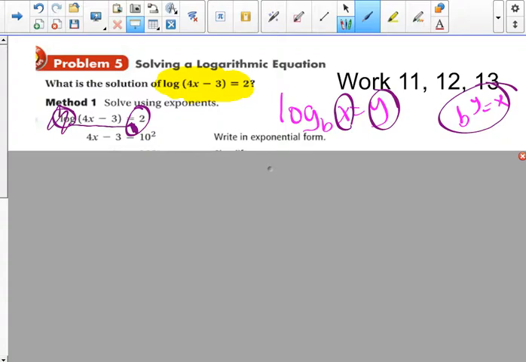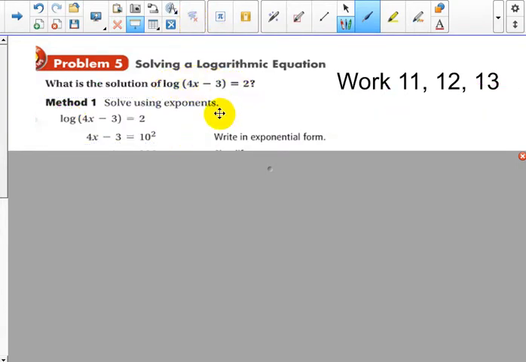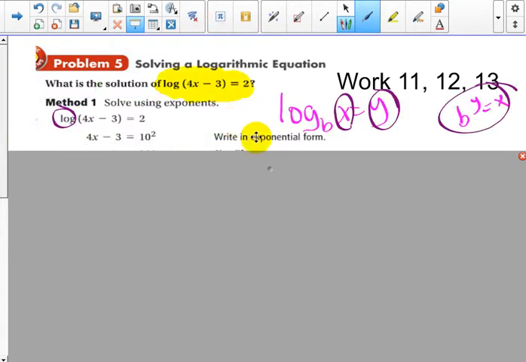See that? So it becomes 10 squared. That's the way that I see it. So the log, as it comes over, switches to a 10 and scoots that 2 up to a power. So it becomes 4x minus 3 equals 10 squared. Everybody still with me?